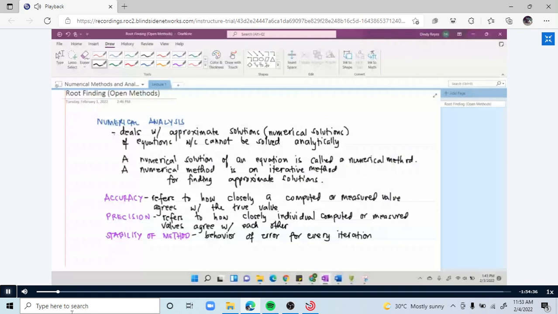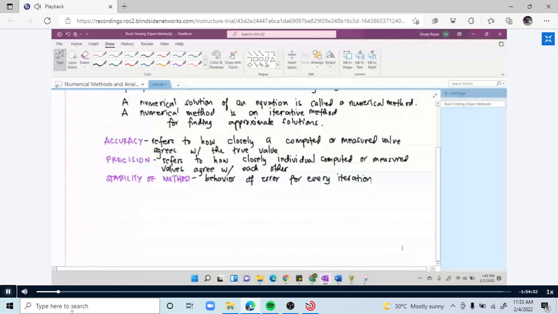Okay, for every iteration. So pag lumalaki, ibig sabihin, your solution will not converge to the root. Right? So you're just wasting your time. Now, how do you compute this error? How will you look at it?